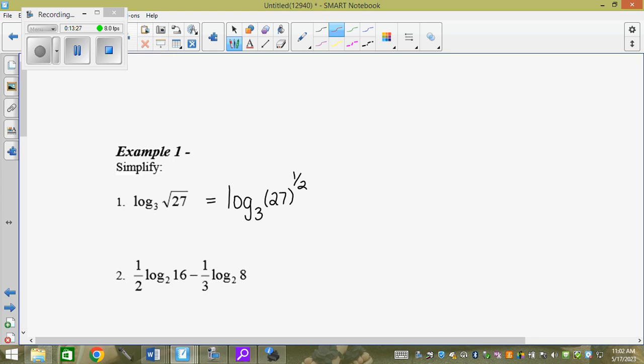So now what I can do is take that half and drop it in front, because I know log base 3 of 27. If I take the half in front, I can do this without my calculator. What is the answer to log base 3 of 27? It's 3, because 3 to the power of 3 is 27, right?